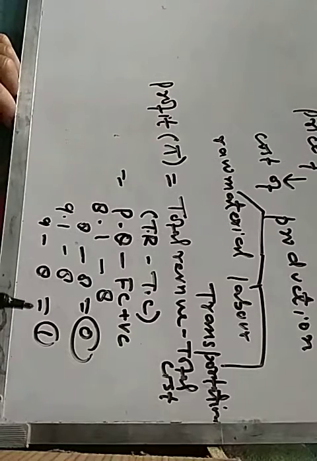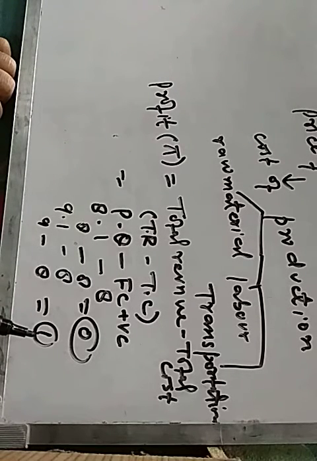It will be 9 into 1 is 9 minus 8, and the profit here is equal to 1 rupee. Therefore the seller will be willing to sell the marker at a given price. The given price is 9, not less than 9 rupees. He will not sell the product below that.